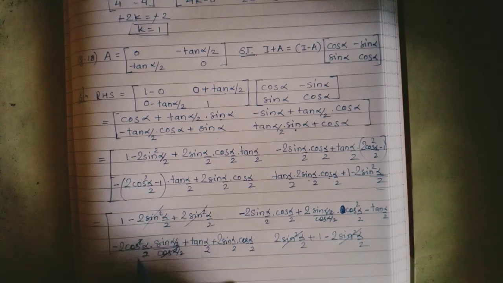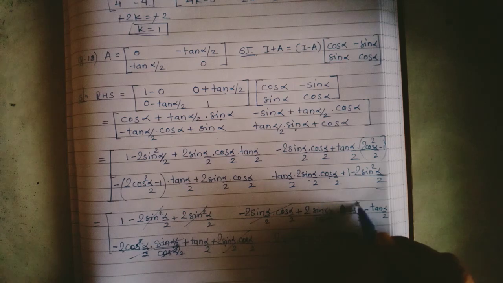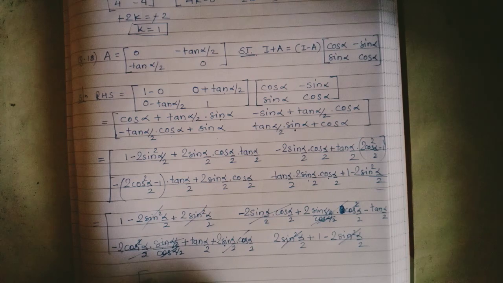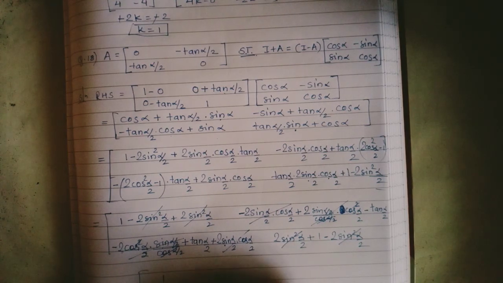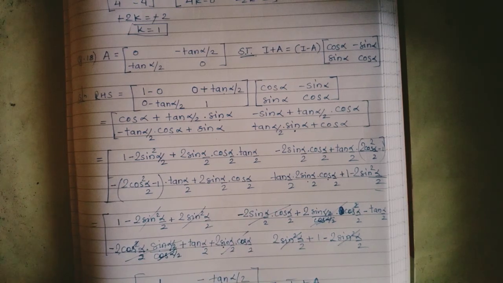Here also we can cancel these terms, so we will get here 2 cos alpha by 2 sine alpha by 2, which is same as this term, so this whole term gets cancelled. Again this and this term also gets cancelled, so the last answer you will get is 1 plus tan alpha by 2 minus tan alpha by 2, and this is 1, and if you add it you will get the same thing.